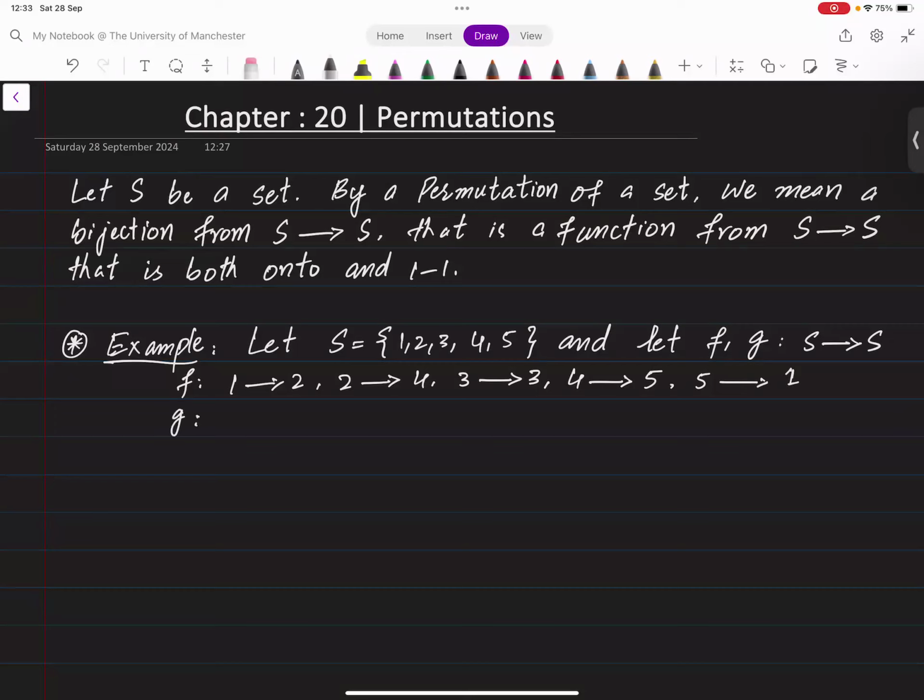g sends 1 to 3, 2 to 4, 3 to 1, 4 to 2, and 5 to 4.